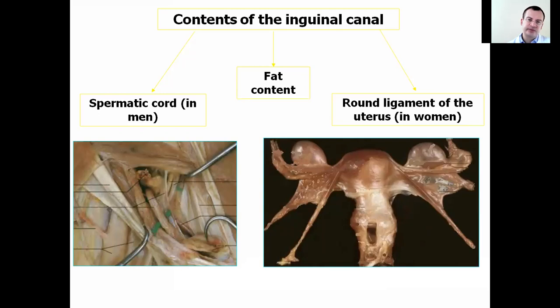The content of the inguinal canal: for men, it is the spermatic cord; for all, it contains fat; for women, it is the round ligament of the uterus.